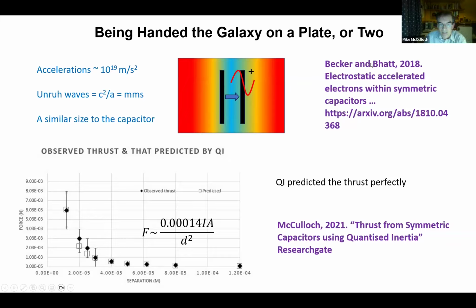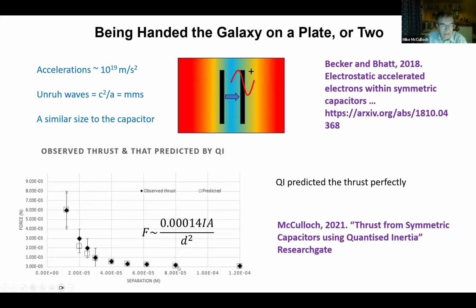So Becker and Batt did an experiment, and I've shown the results here. So the x-axis shows the separation between the plates, so it's about 80 micron here, down to about 10 micron here on the left, and the force gets up to about 6 millinewtons, and you can see that the force that they saw increases exponentially as you go to a narrower separation.